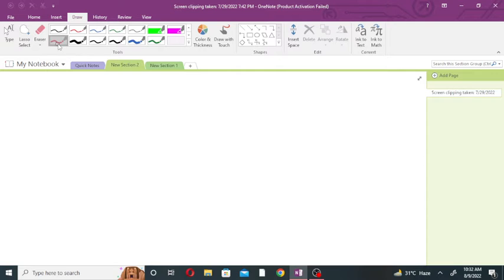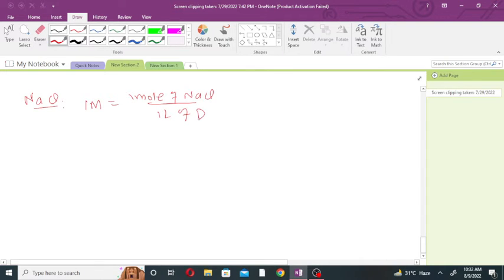Similarly, in order to prepare 1 molar sodium chloride solution, NaCl solution. So 1 molar NaCl solution will be equal to 1 mole of NaCl divided by 1 liter of distilled water.